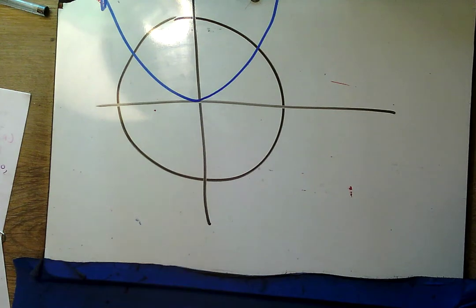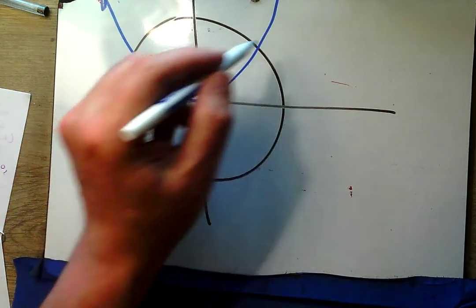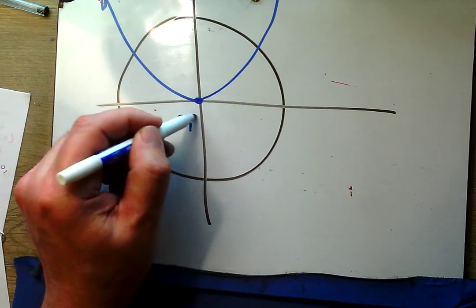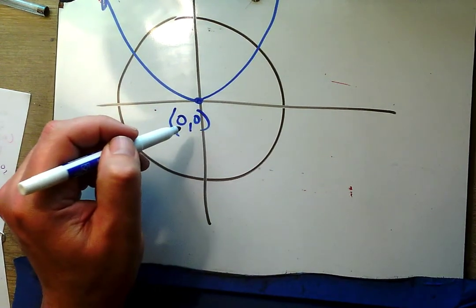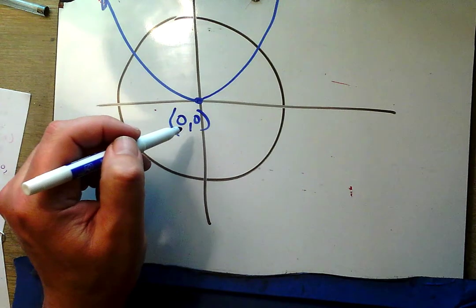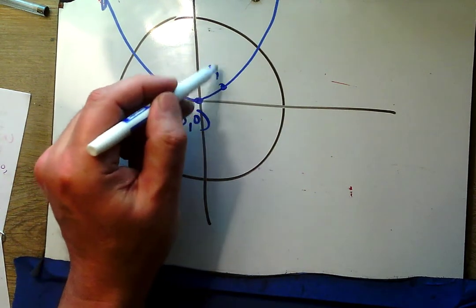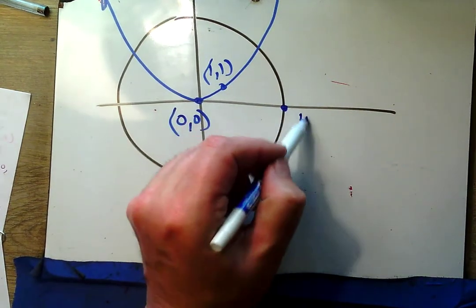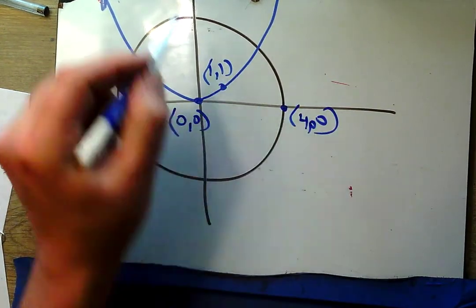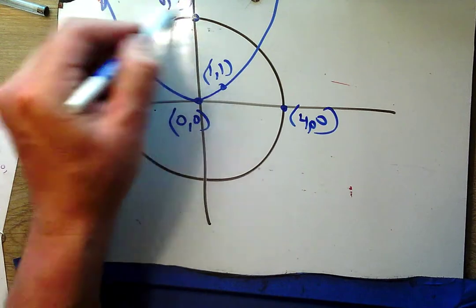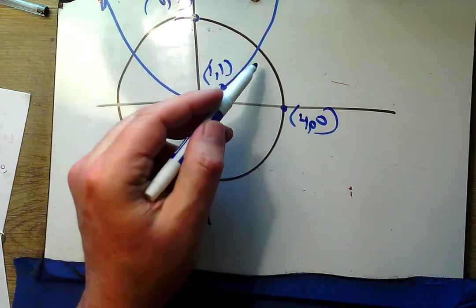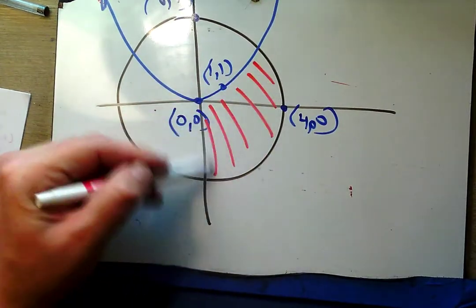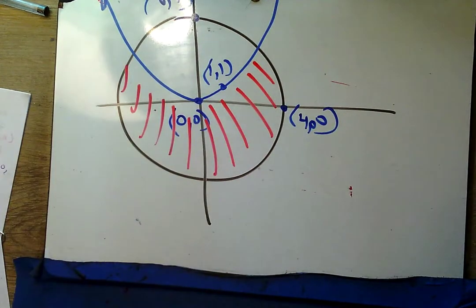And I know that this is 0, 0, and this is 1, 1. And I know that this point is 4, 0, and this point is 0, 4. And the shading, you're going to love the shading. The shading is here. Okay?